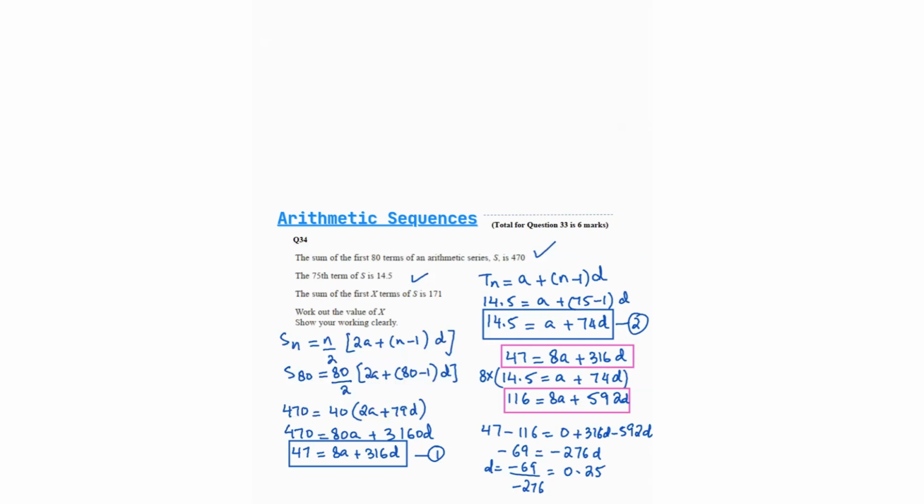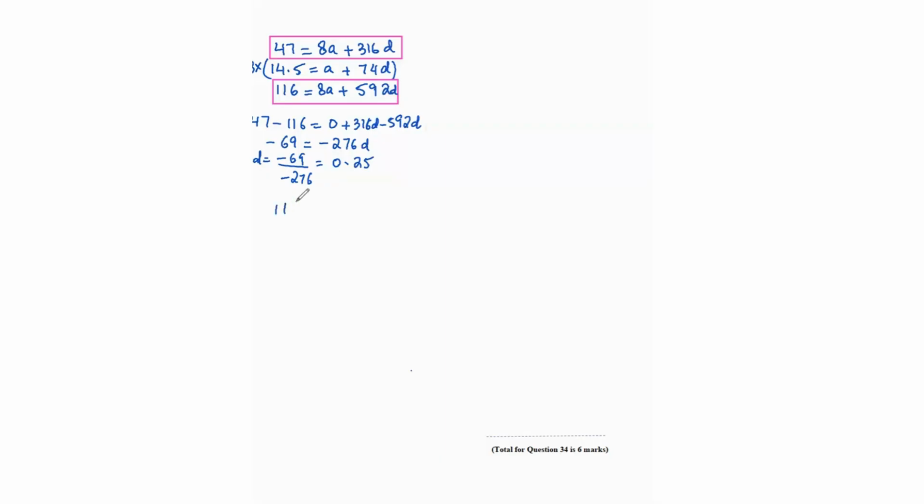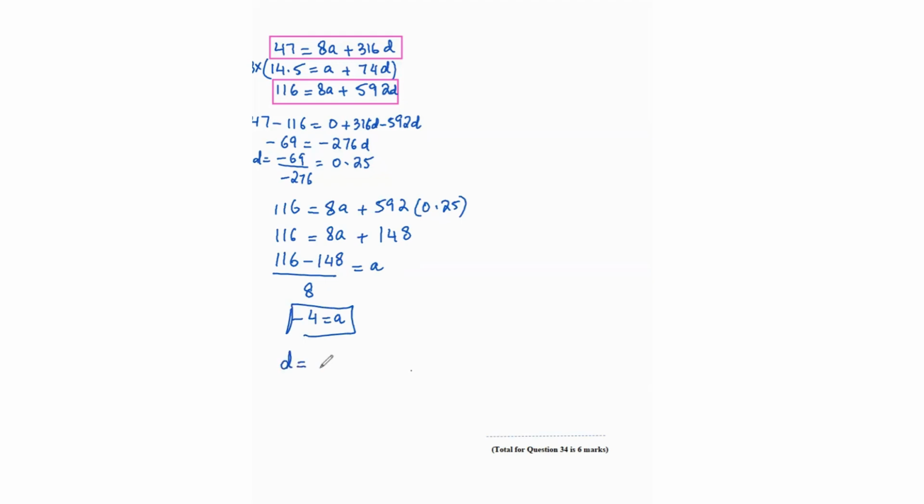Now, using this value, we're going to find our first term. 116 equals 8a plus 592 times 0.25. 116 equals 8a plus 148. 116 minus 148 divided by 8 is going to be negative 4. a is negative 4, d is 0.25.